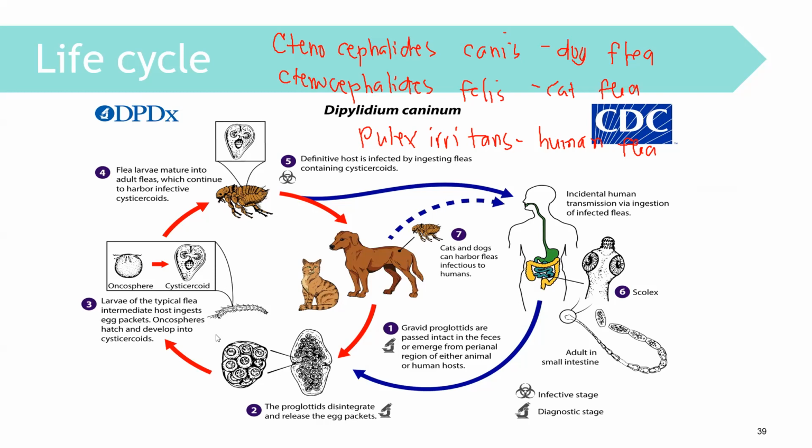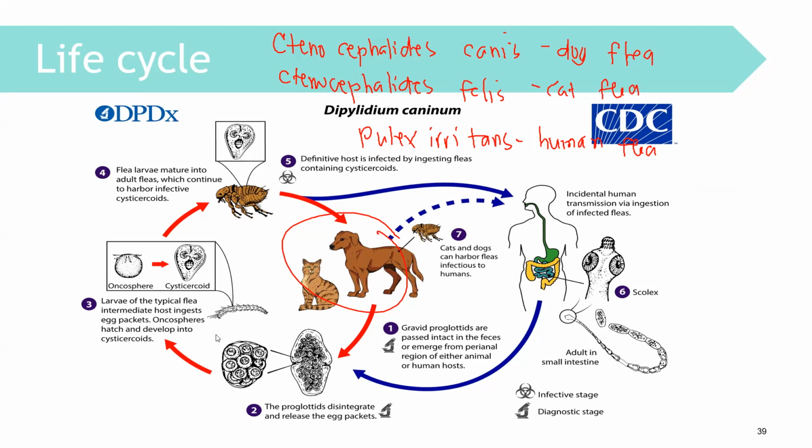Each gravid proglottid contains the eggs and can be passed through the stool. Gravid proglottids are passed intact in feces or emerge from the perineal region of either the human or the host, either the natural host or an accidental host.